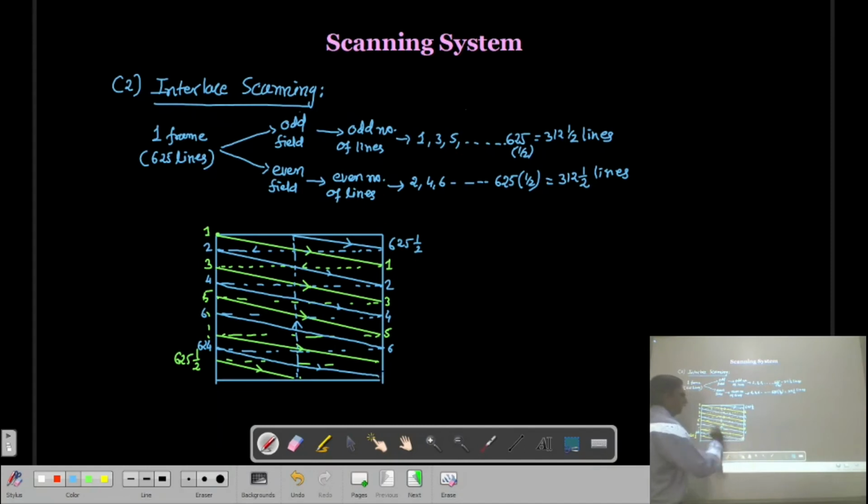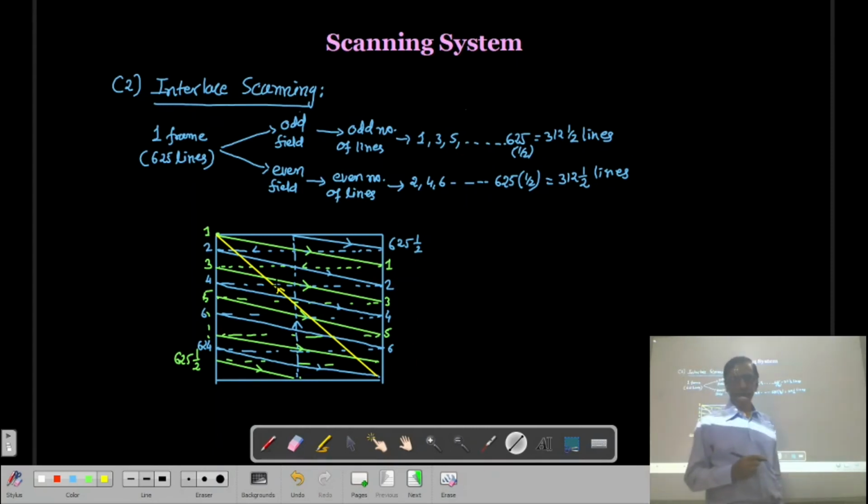So here, first of all, the odd field is scanned, then the even field is scanned, and then after completing this frame, this electron beam will come back to the top of the frame. Correct? And again it is going to repeat the frame.